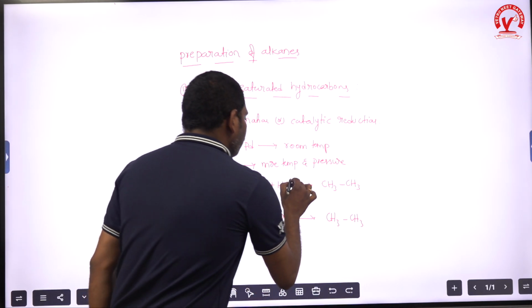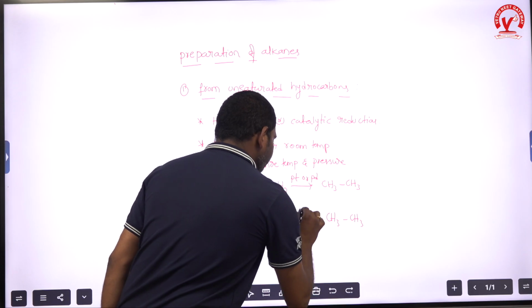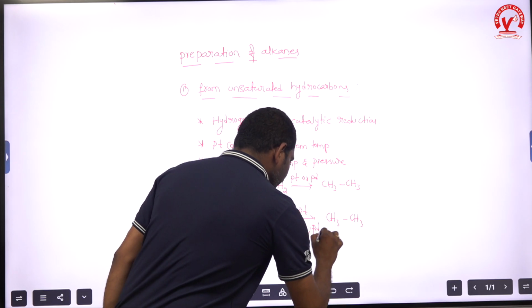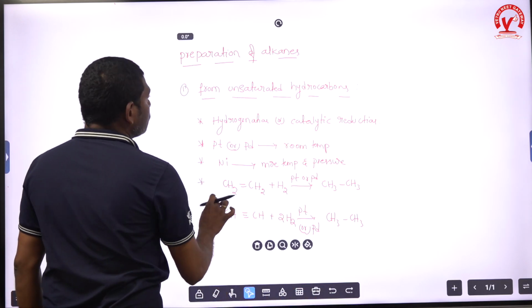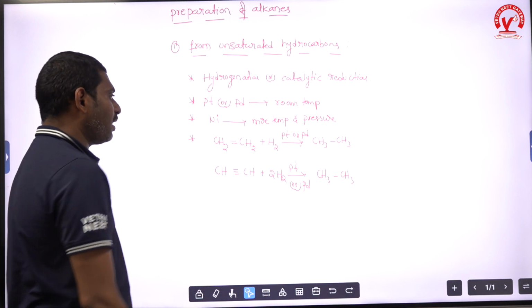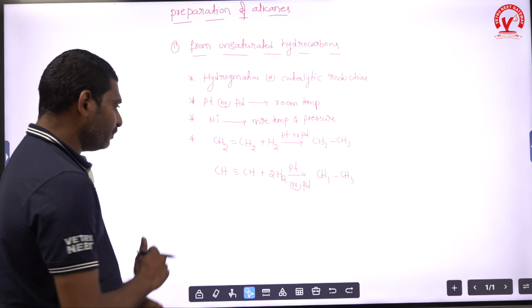Here you can use platinum or palladium. Room temperature is enough for these reactions because platinum and palladium catalyze the reaction at room temperature.